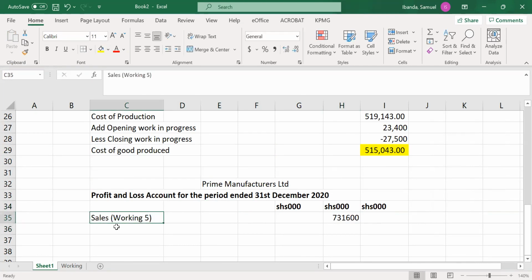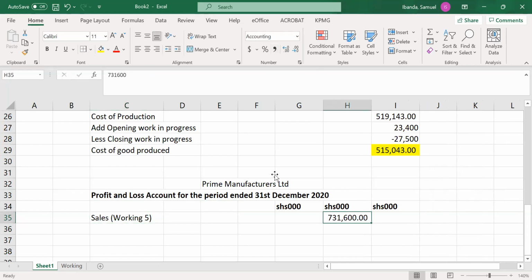So after I have this value, the next thing I'm going to do is, remember, after my sales, I have to ask myself, do I have any adjustment on the sales? The only adjustment of sales that I will have is sales returns.